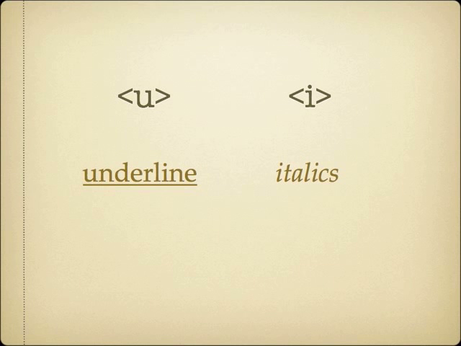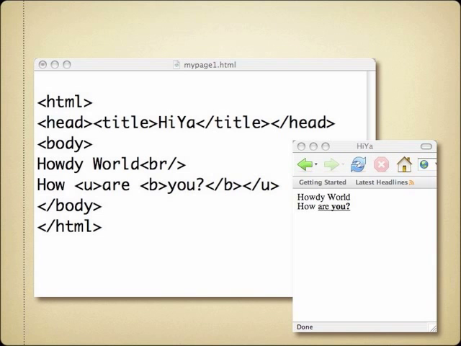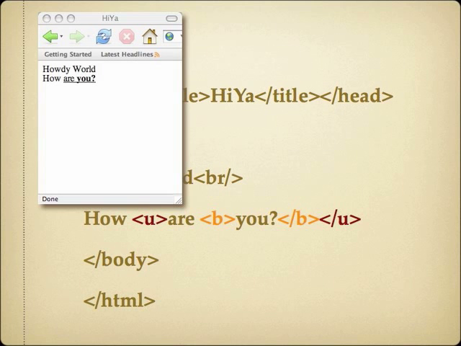Text can be in italics and even underlined. So here R is underlined and U is underlined and bold. Notice how the underline and bold tags are nested. It's very important that tags be nested correctly.